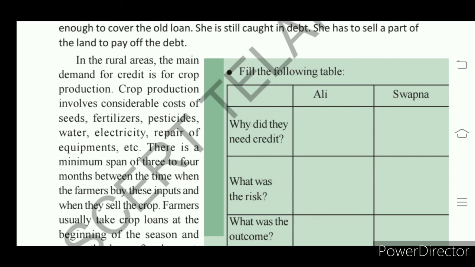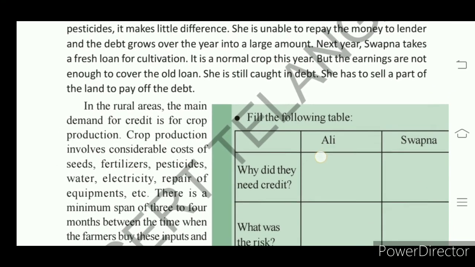Some took out talwars. That is the situation we see there. Because farmers are going to face their trouble. We are not going to discuss whether they are really farmers or not. That is not our topic. The point is that the farmers need credit.